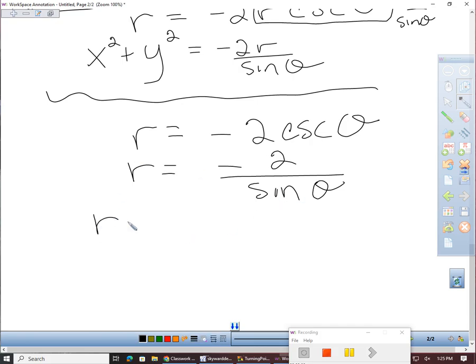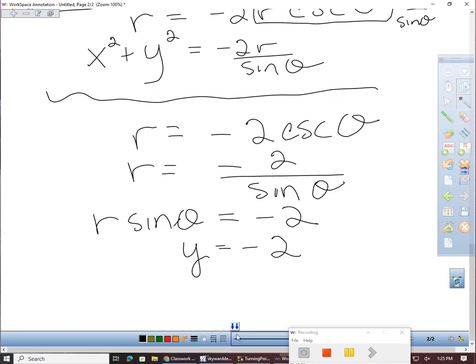So I have r sine theta equals -2. Now, do I have something I can replace r sine theta with? Y. So this is actually just y equals -2, which is just a horizontal line. That's all this is. I think this is much easier than the first way I was going to take you.